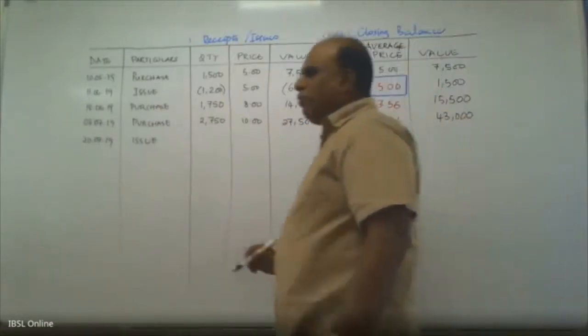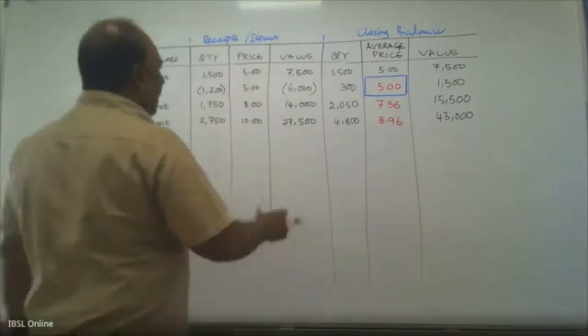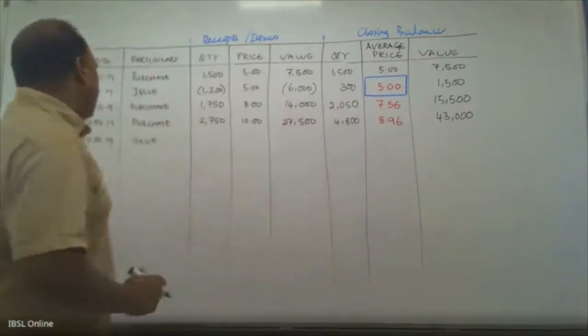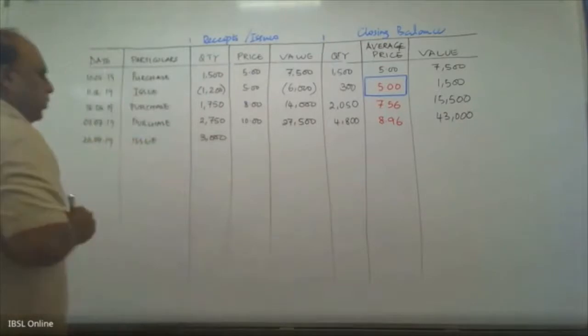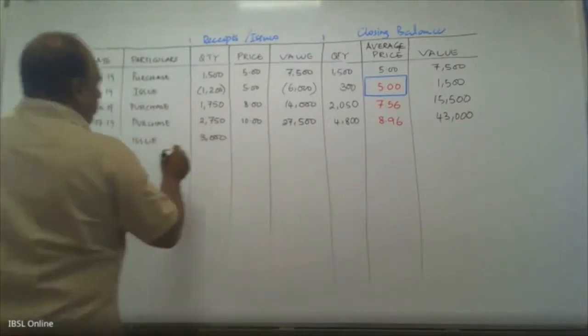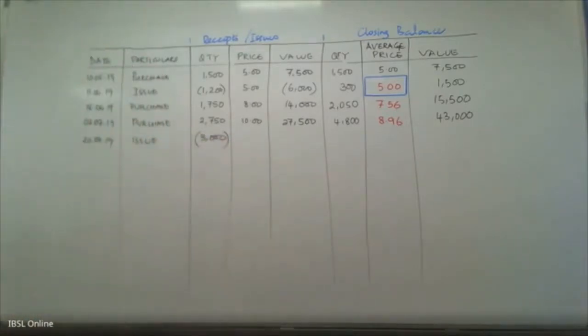Now I don't have to worry whether I have from the stock which came first or from the stock which came last. I don't have to worry, because cumulatively I have the number of units with me here. So from the 4,800 I can issue 3,000. The question is, what is the price?